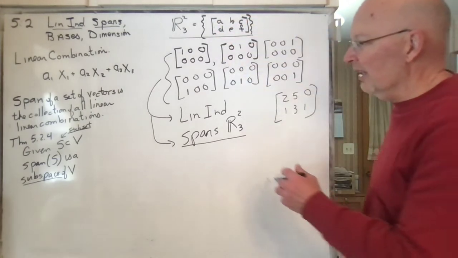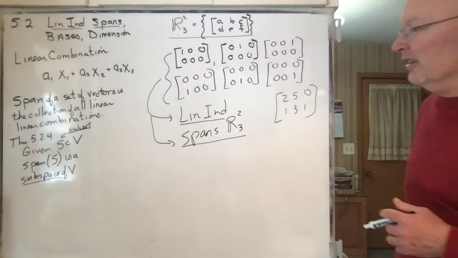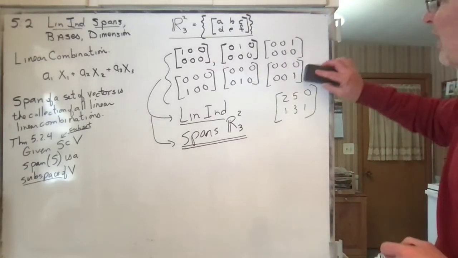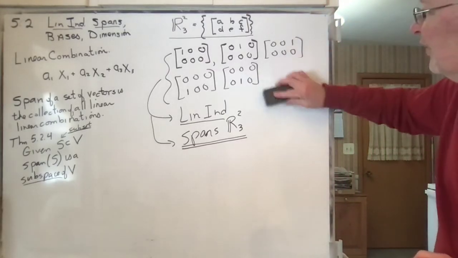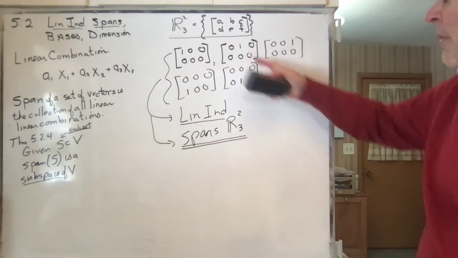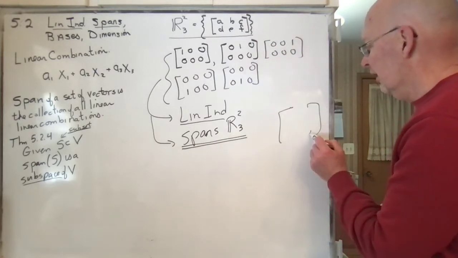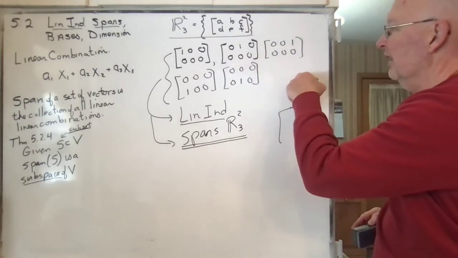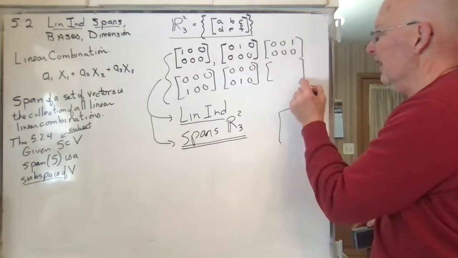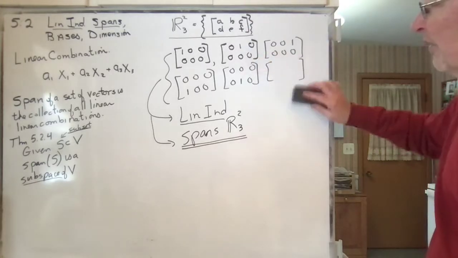And so any collection which is both linearly independent, which means you don't have extra things, plus it does the job. If I didn't have this one here, let's get rid of this one. If I didn't have this one here, now that's a linearly independent set, but I can't get everything. I can't get anything with a 5 down here, because I need something right here in the bottom corner in order to get it. So I won't be able to get all the 2 by 3 matrices that way.